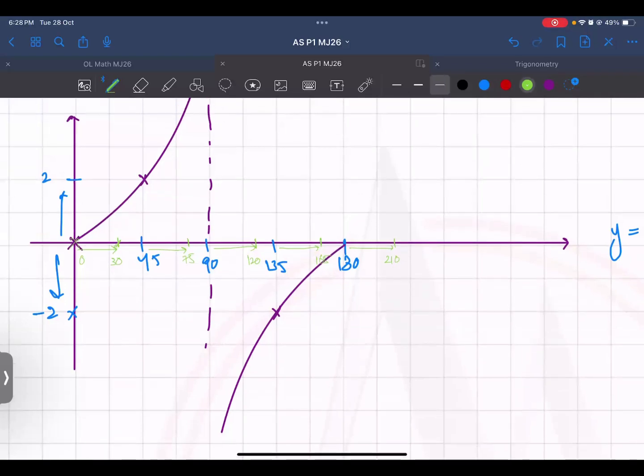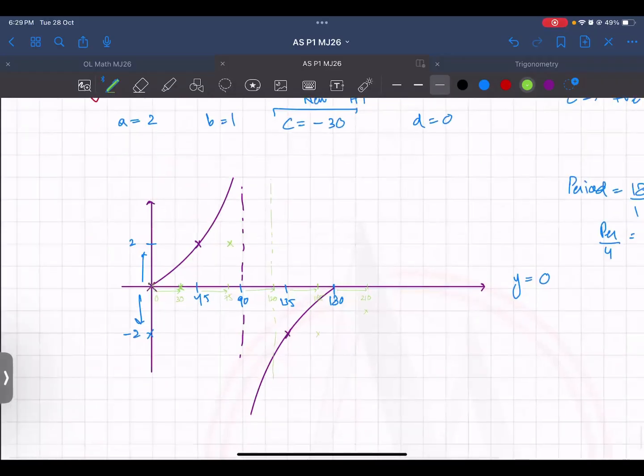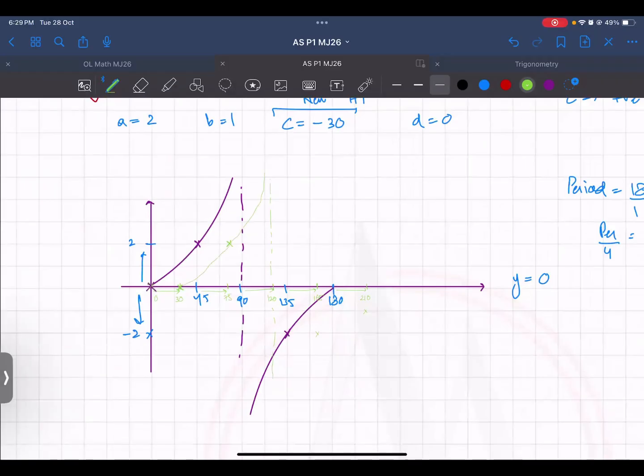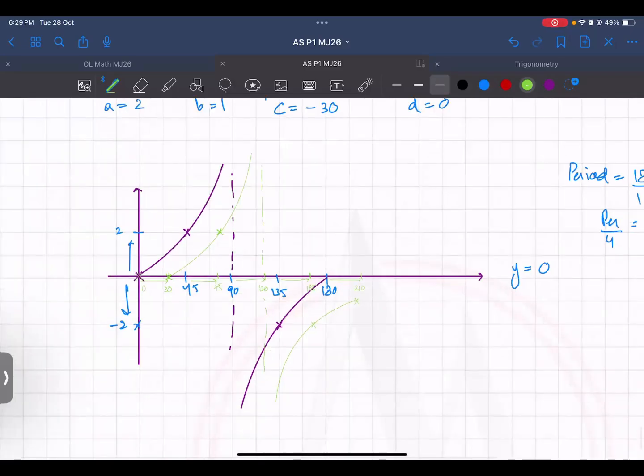And so the graph will be like this. This would be passing from here, then this, then it will be asymptote at this point, not 90. Now it will be at 120, and then this point and this point. So now the graph will be something like this. This is your graph.